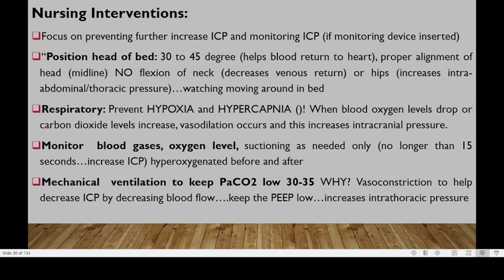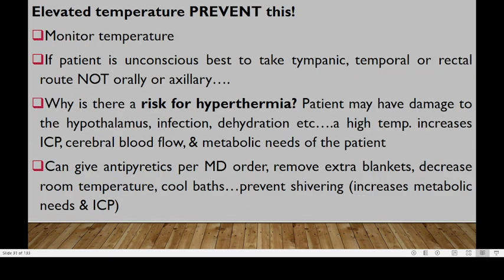Okay, so you keep the PEEP low, because increased intrathoracic pressure means you're going to cause impaired venous return to the upper body, so at least it will be retained in the lower limbs. Okay, we have elevated temperature.